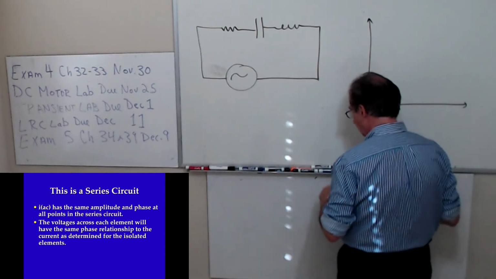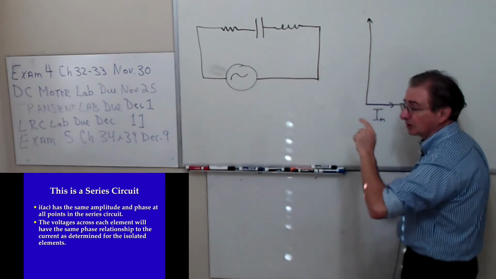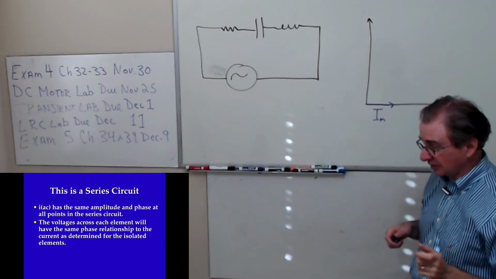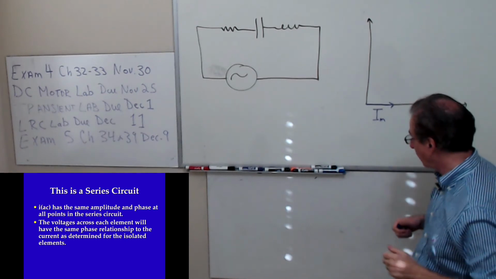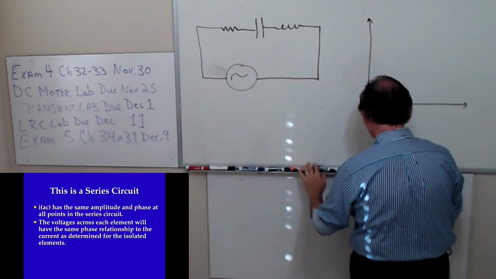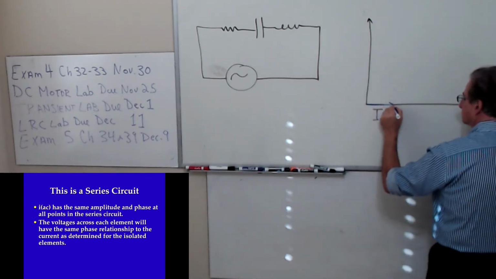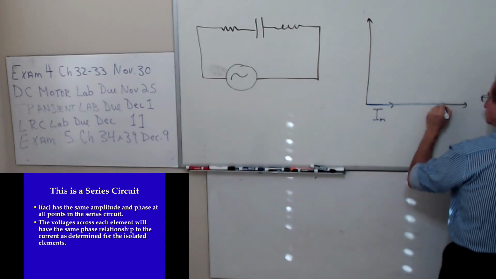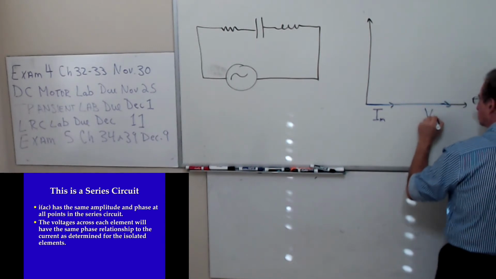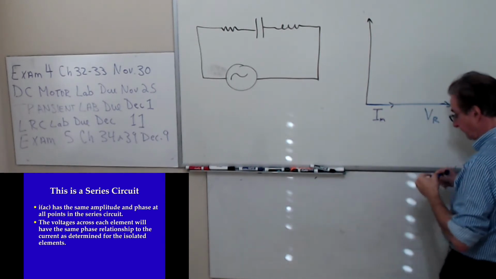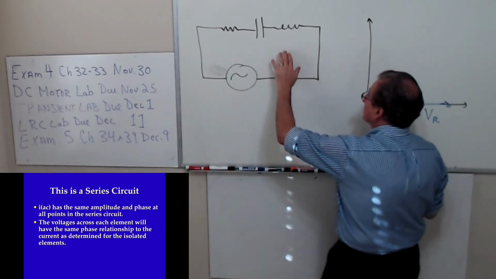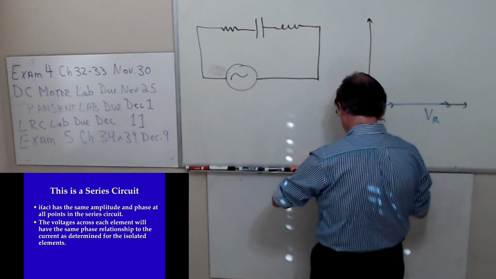Okay, so the voltage drop across the resistor is in phase with the current. So let me draw the voltage drop across the resistor. There's an inductor and a capacitor in my circuit.